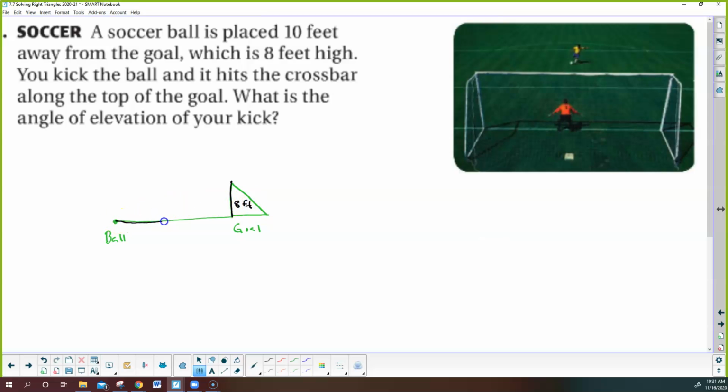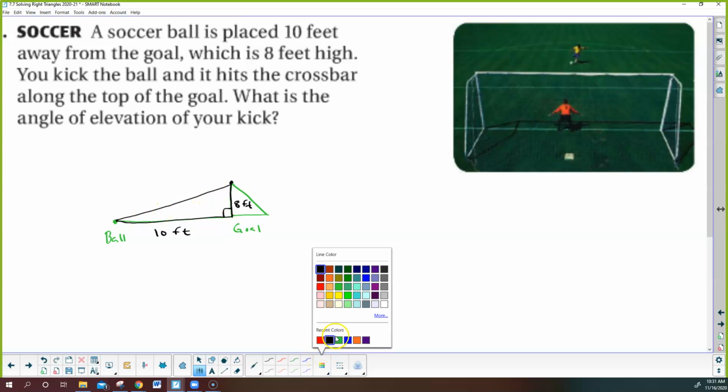And then I know that the ball is 10 feet away. Now notice, if it's a true accurate goal, then this is a 90-degree angle here. And our job is to figure out what is the angle of elevation of your kick. Well, what happens? You go and you kick the ball, and it's going to hit the top of the crossbar. So what this problem is asking you to find is the angle of elevation.